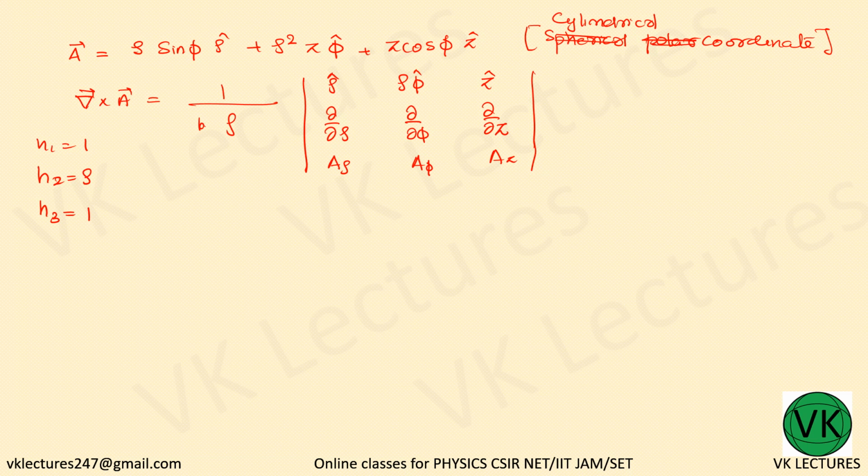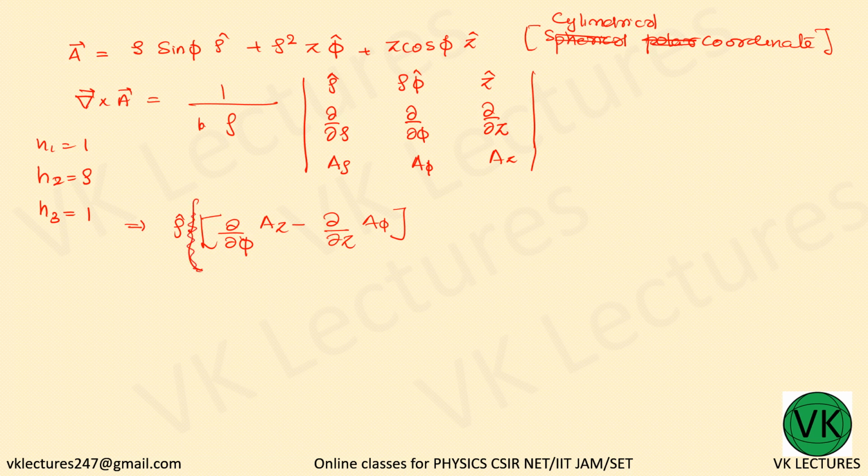So 1 by rho outside. So this gives us rho cap into dou by dou phi of A z minus dou by dou z of A phi. This is within bracket.